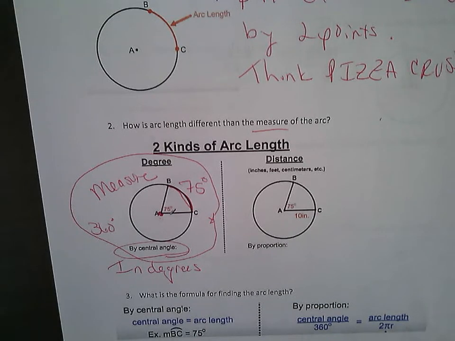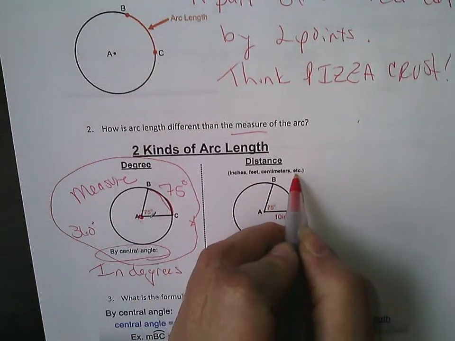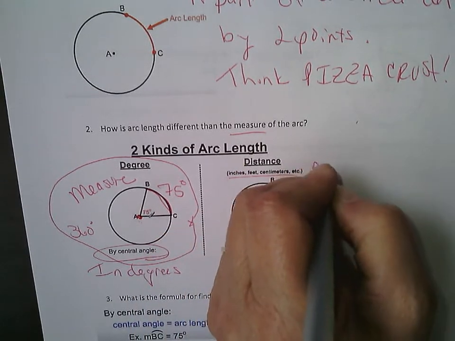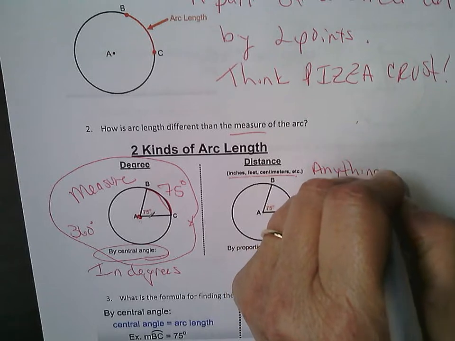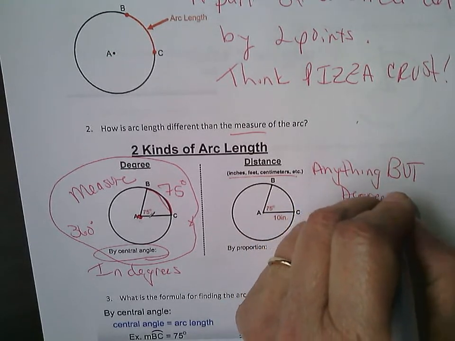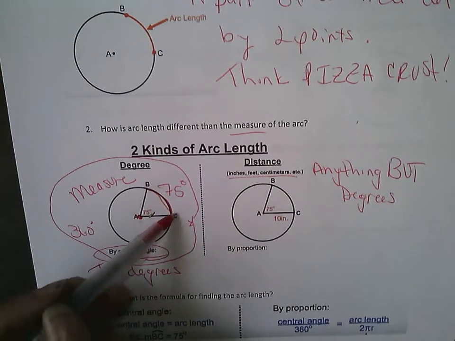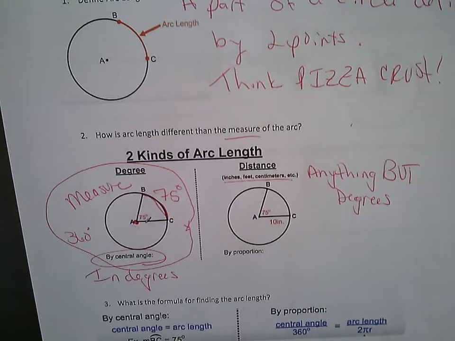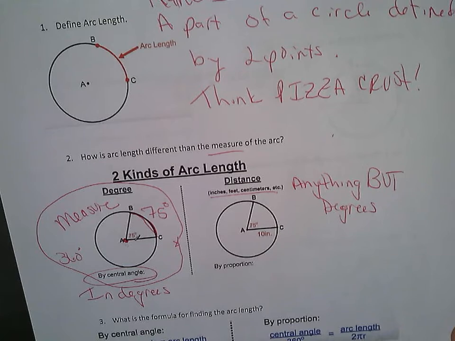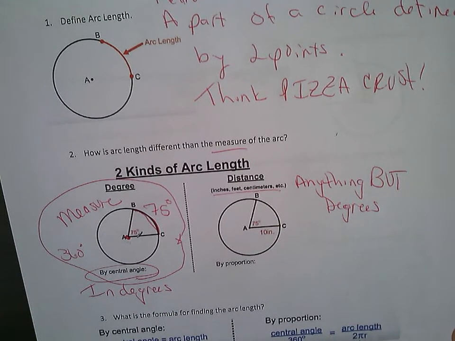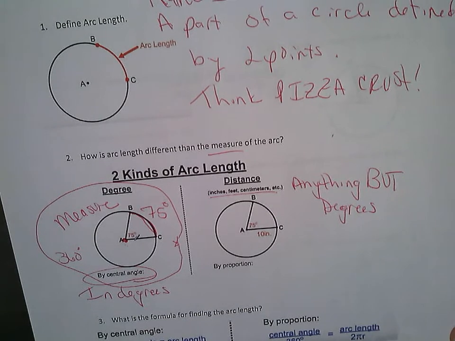So the distance, if you can read it in here, it says inches, feet, centimeters, etc. Anything but degrees. It's not always very practical to say that I traveled 75 degrees. So what we're looking at is whether we can travel 6 inches, or 45 meters, or 450 miles.